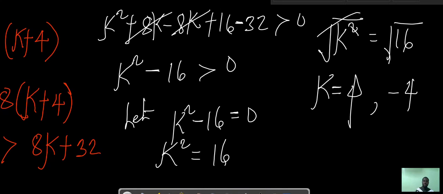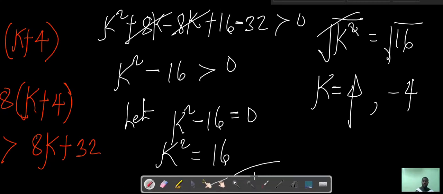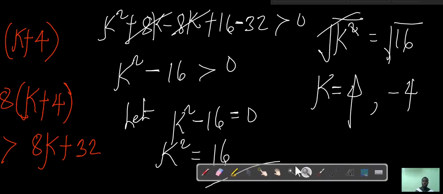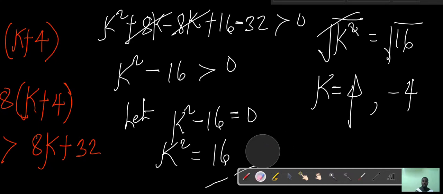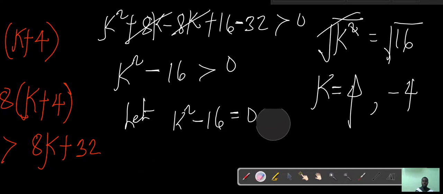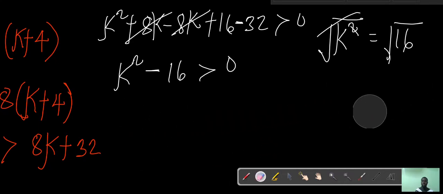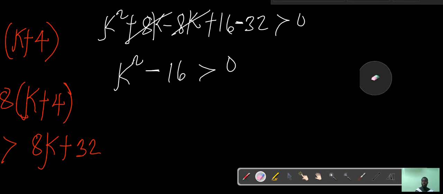To get the proper answer to the quadratic inequality, as we have rightly said, what we need to do is just come back here and see the regions that are satisfied.